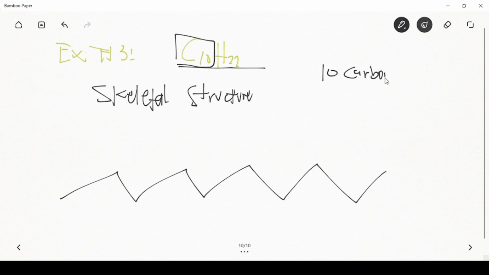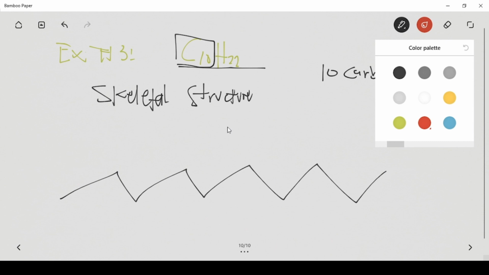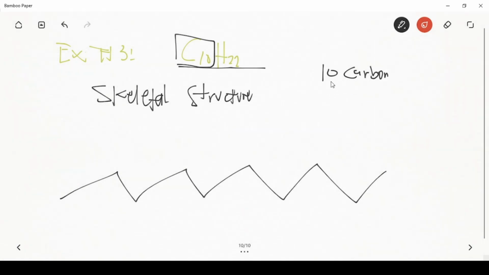So, carbon in the skeletal structure represents the edges. So, let's count the edges if it is equivalent to 10. So, 1, 2, 3, 4, 5, 6, 7, 8, 9, 10.